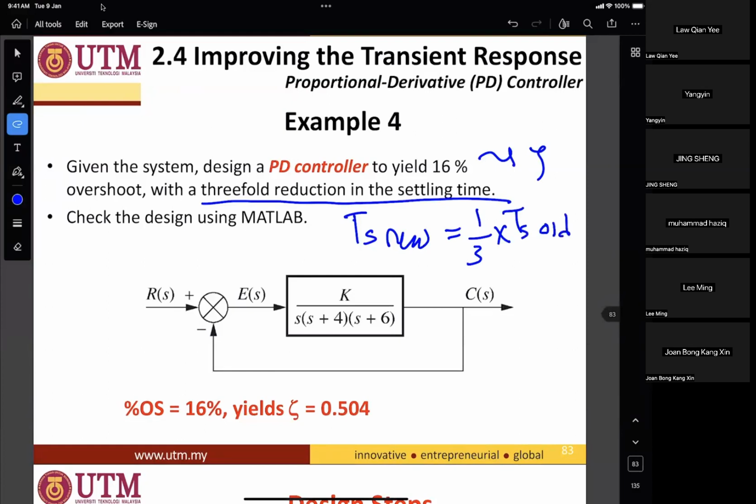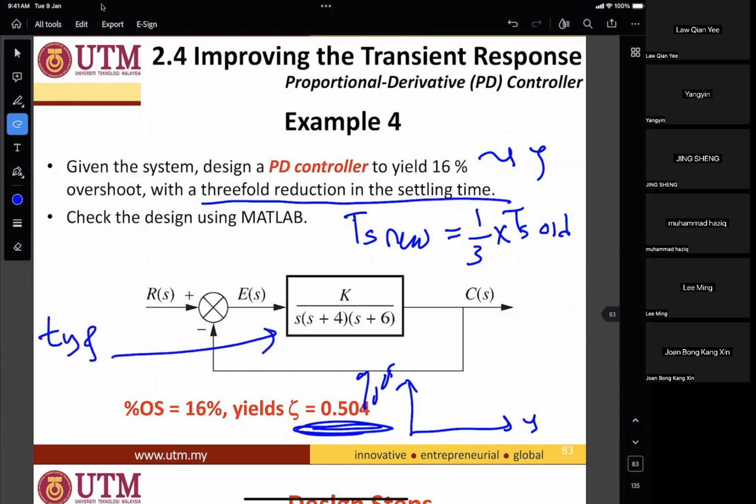That is the meaning of 3-fold reduction. Then check the design using MATLAB. From the graph, the overshoot will give you zeta 0.5. And this system, what is the system type?